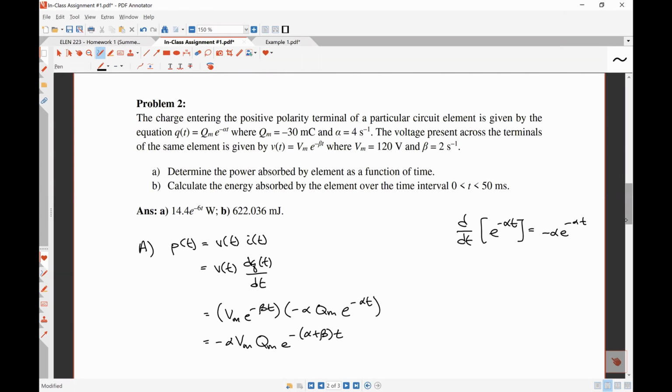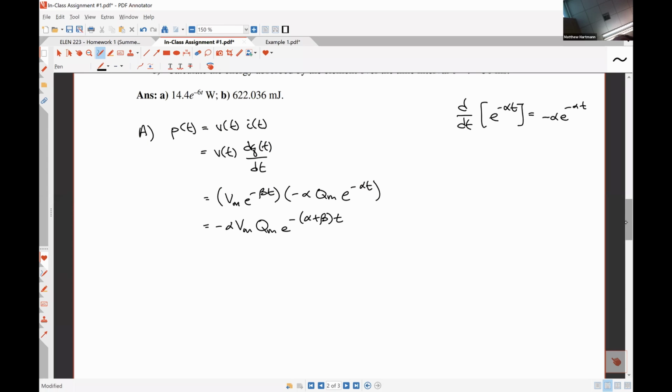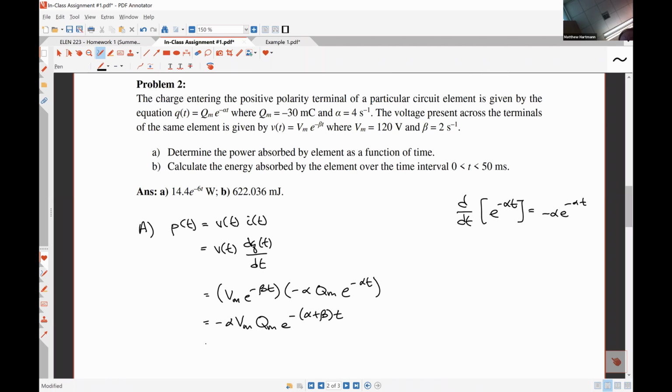Yes, sir. So now we can just plug in our numbers. So this is negative 4 per second times 120 volts times negative 30 millicoulombs, e to the minus (2 plus 4) which is 6t.